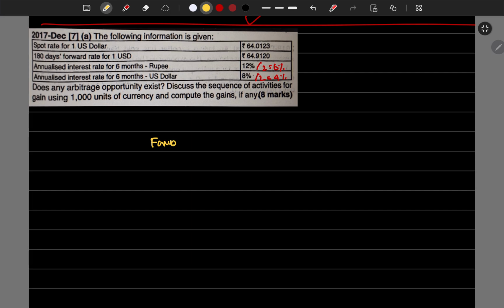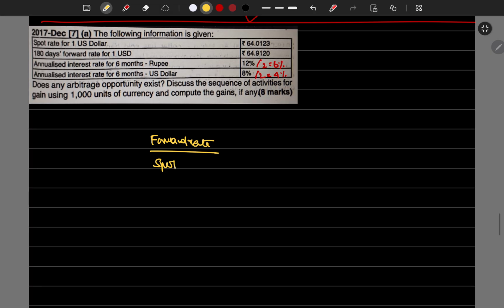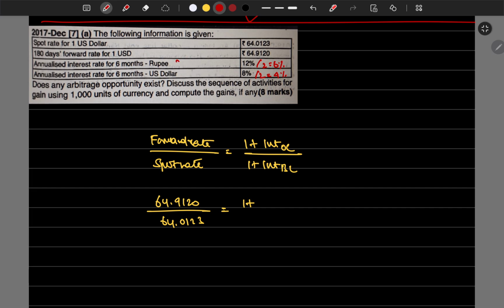For that we have to use a formula: forward rate divided by spot rate is equal to 1 plus interest of other currency divided by 1 plus interest of base currency. What's the forward rate here? Forward rate is 64.9120. Spot rate is 64.0123. Rupee is the other currency. US dollar is the base currency.